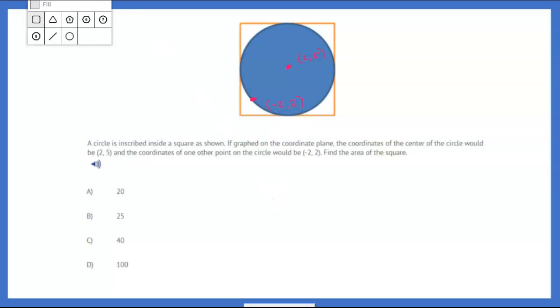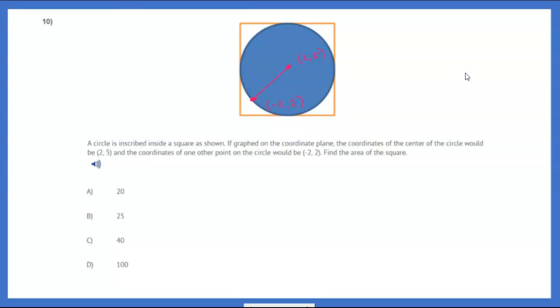And notice that if we draw a line between those 2 points, we get a radius. A radius is the distance between the center and the edge. So this is the radius of that circle. However, we can also determine that distance, can't we? Because we learned how to calculate the distance between 2 points in the coordinate plane.